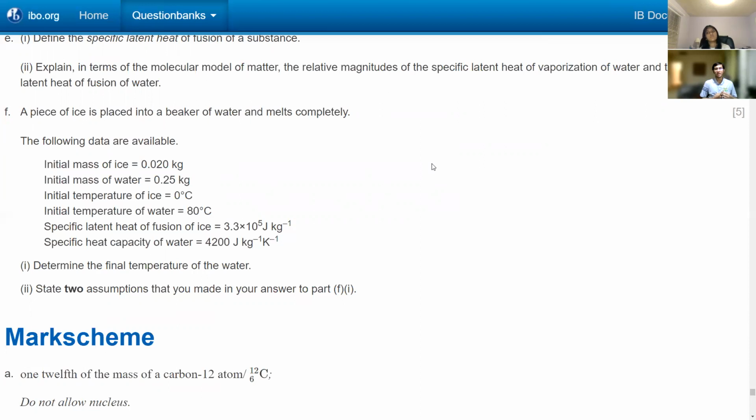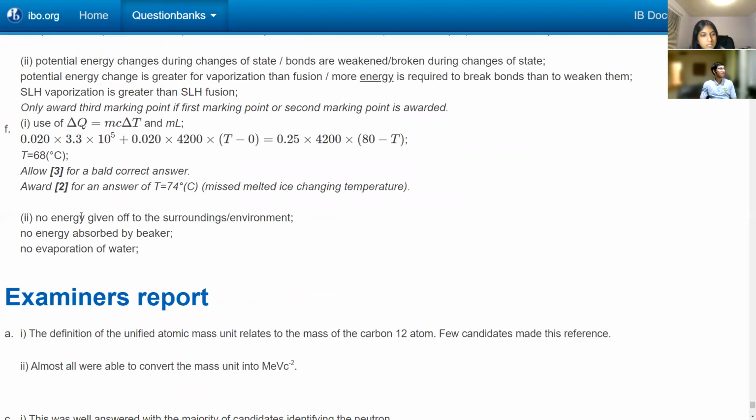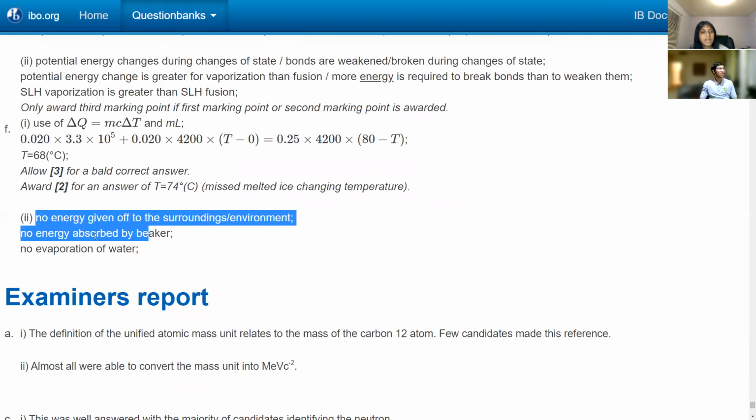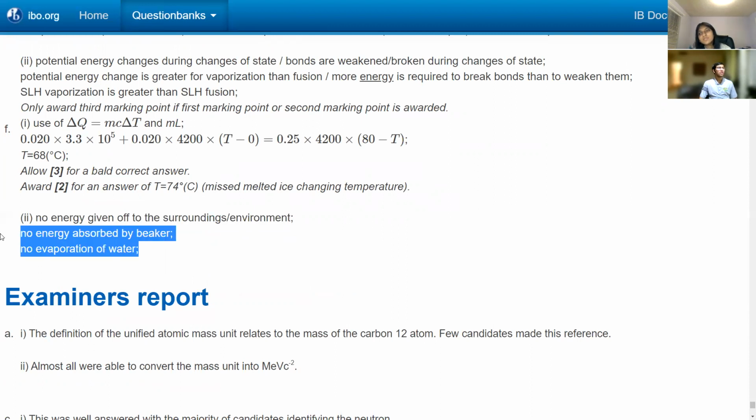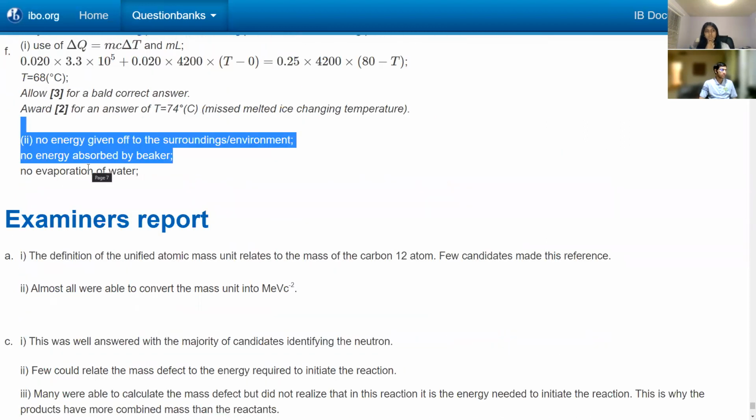Or I guess you could say the beaker has no heat capacity. I don't know what they're looking for. No energy given off to the surroundings, and no evaporation of water. That's a good point. I think it's just two, so the first two that we said.